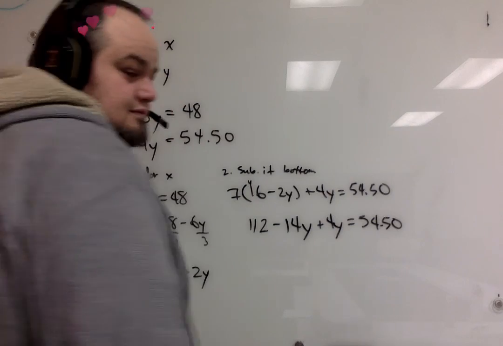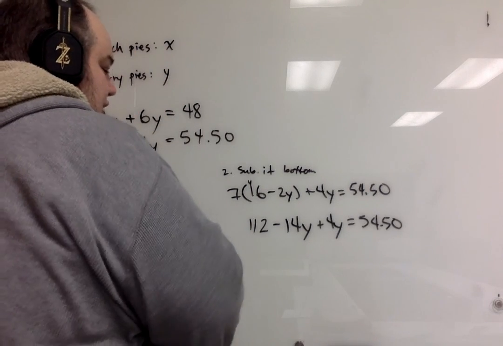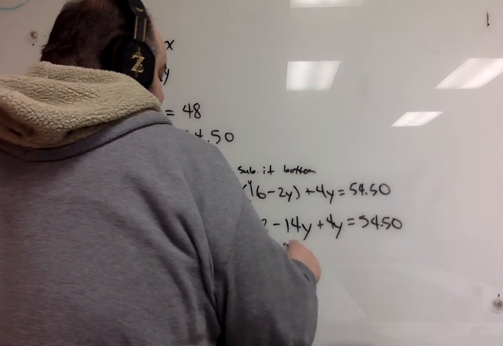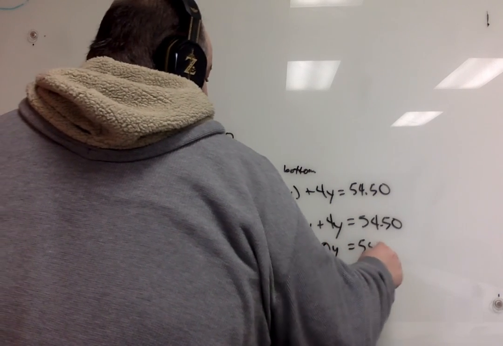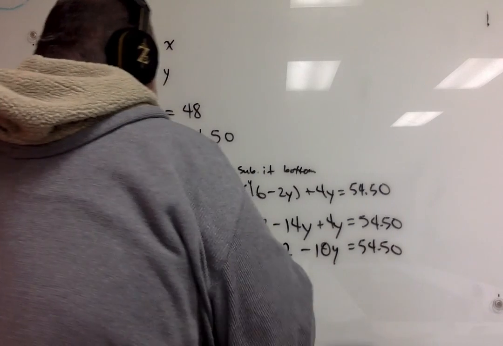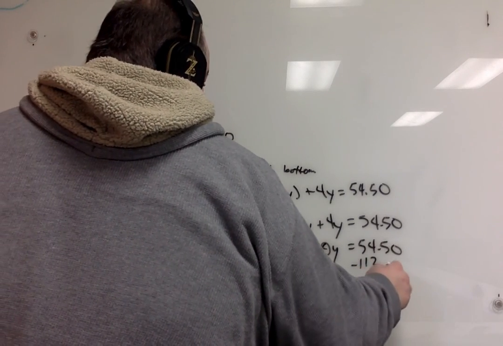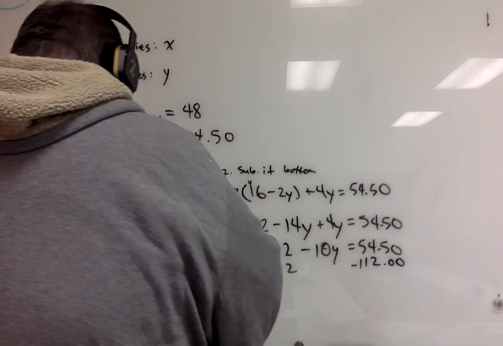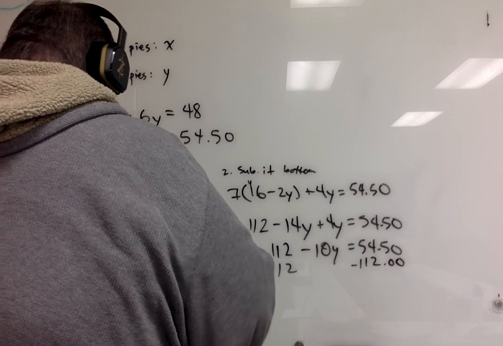All right, and then we're going to go ahead and combine our like terms here, so we get 112 minus 10y equals 54.50. Subtract 112 from both sides. So we would have 54.50 minus 112.